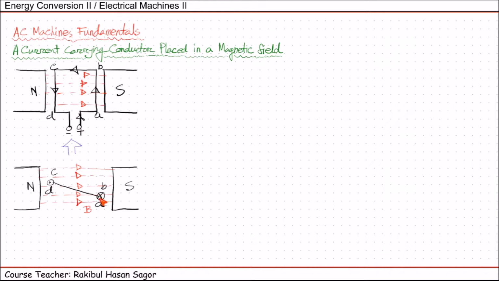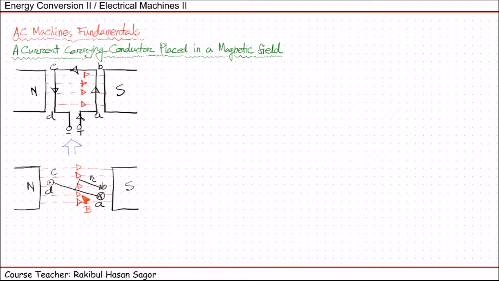So it is evident that the force experienced by these two wires will have the opposite direction. We'll figure out the directions by drawing the vectors, but as they are experiencing oppositely directed force, you will have a rotational effect, and that rotational effect will have a center point here. From this center point, the distance of each wire can be taken as r.